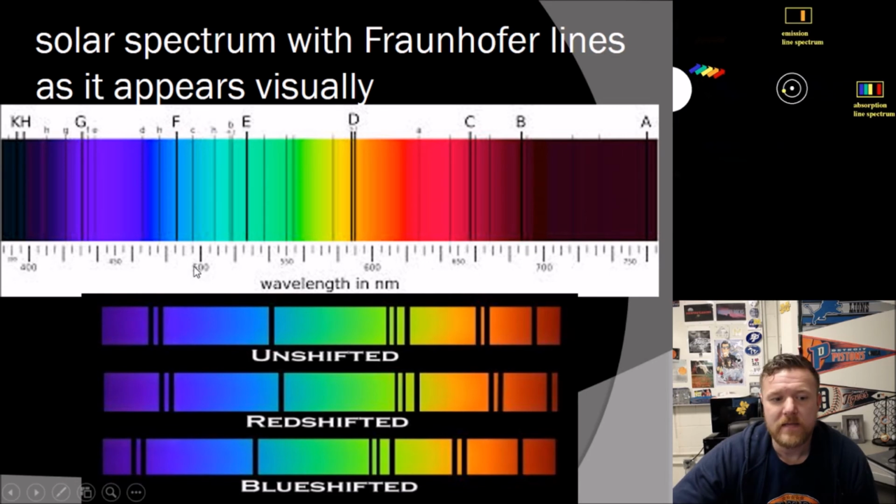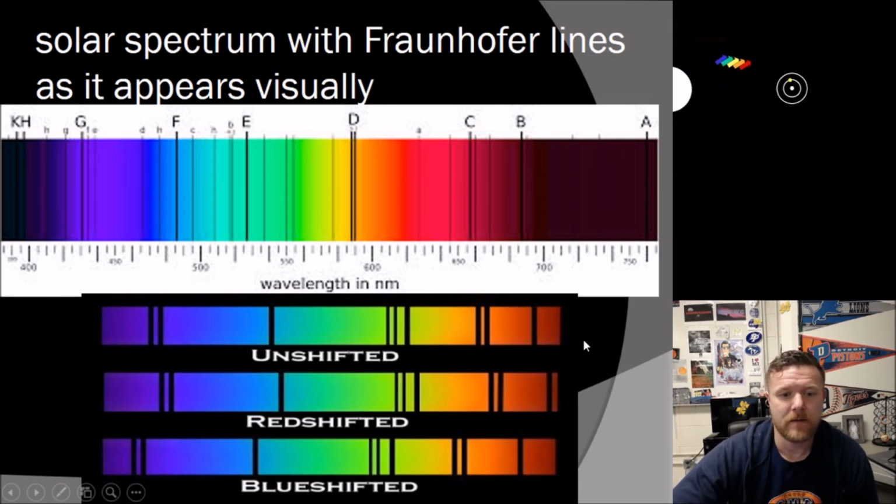If we take a look at this particular element here, we can see that if it's just sitting still in front of us, this is where those Fraunhofer lines show up for this element. Now this element is in an object that's moving away from us. Each of these Fraunhofer lines are going to be shifted towards this red end of the spectrum by just a little bit.